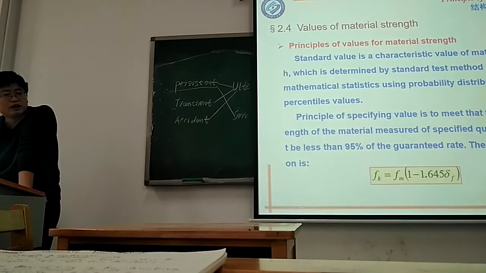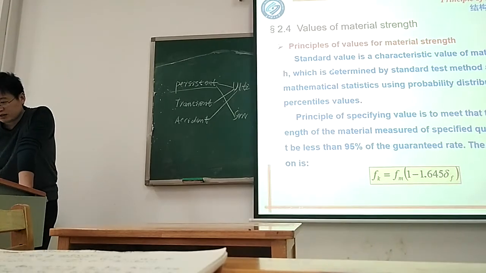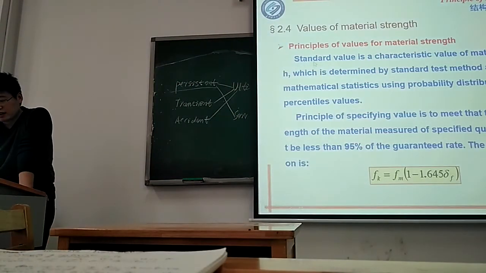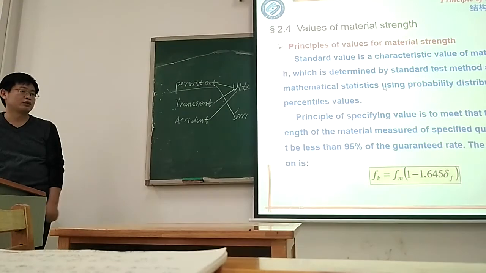Actually, this 0.05 means 95% guarantee. So that means all the standard values of the material strength we got are with 95% guarantee.